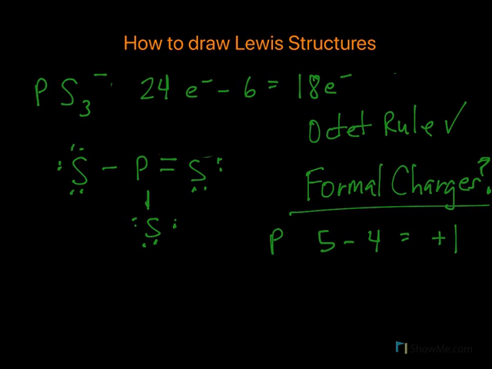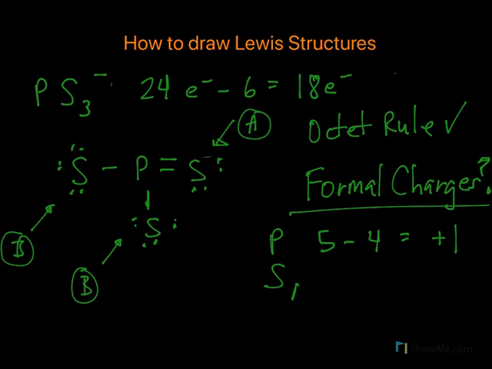Well, how about the sulfurs? We have two types of sulfurs. We have this sulfur with a double bond, and these sulfurs here with a single bond. So let us designate that as this is sulfur A, and these two sulfurs here are sulfur B. So in sulfur A, which has 6 valence electrons, how many electrons is it contributing to this structure? 1, 2, 3, 4, 5, 6. 6 minus 6 is equal to 0.